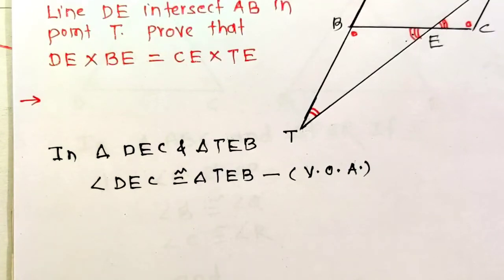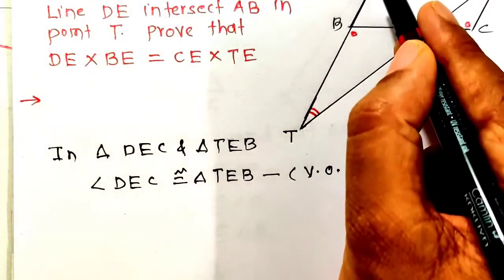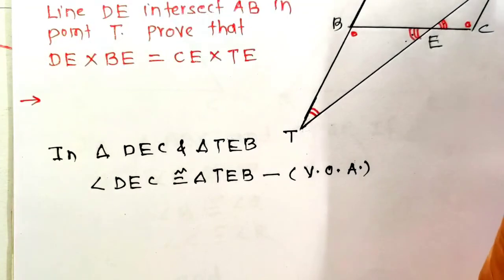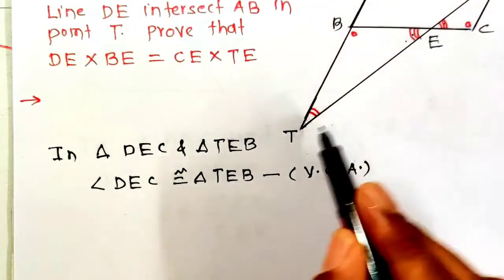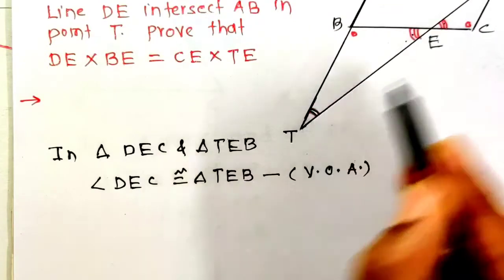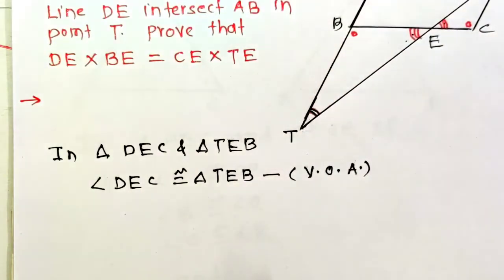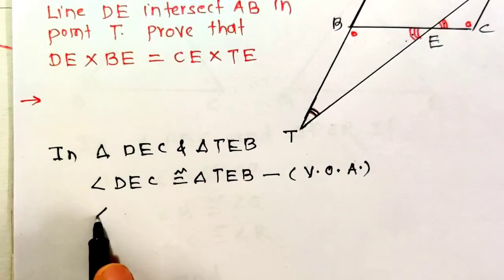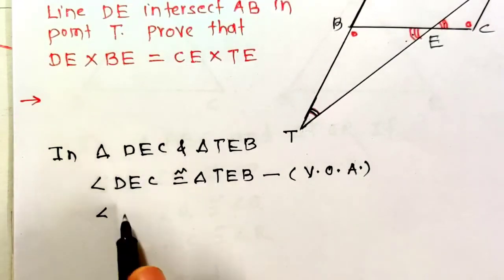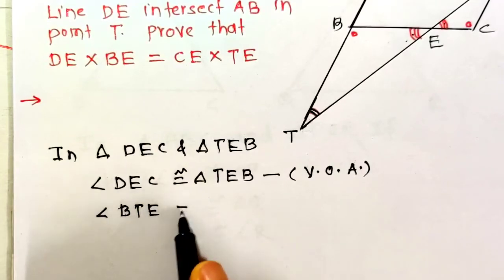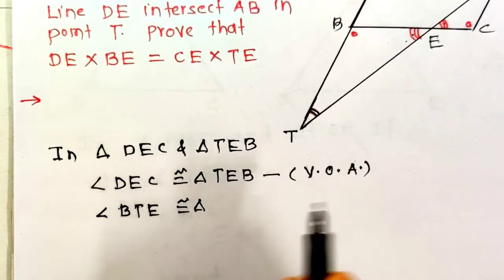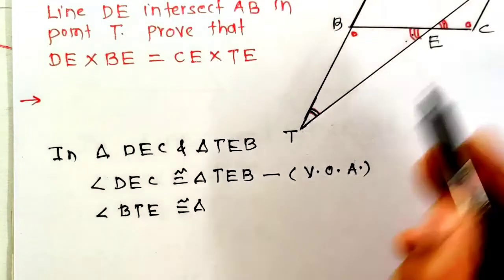Second pair, observe here, this AB is parallel to DC and this DT is the transversal. Therefore this angle and this angle are the alternate angles. Means angle BTE is congruent to angle CTE.